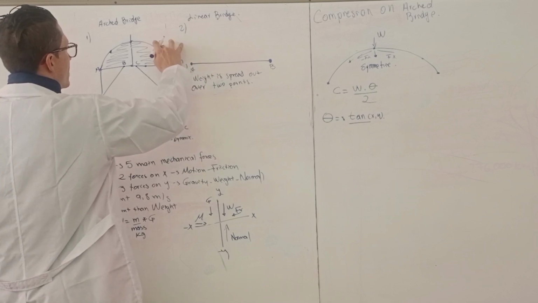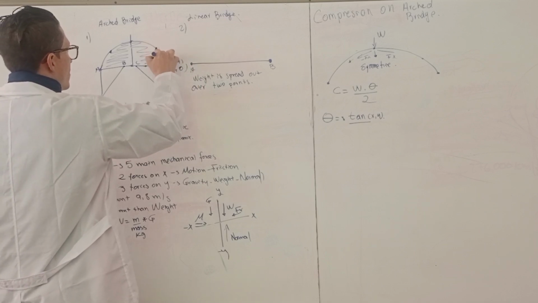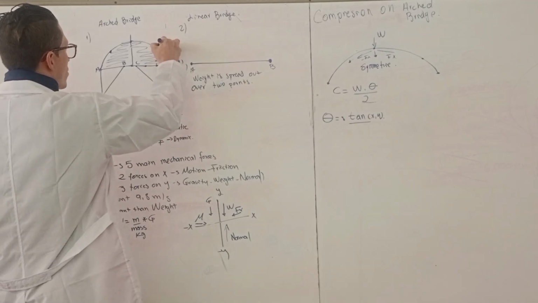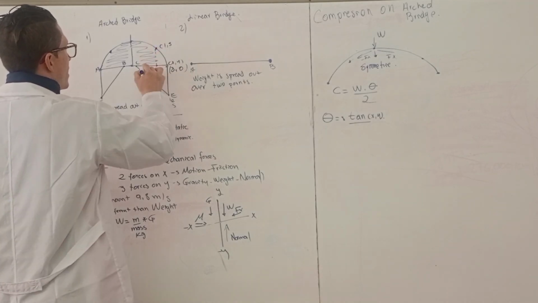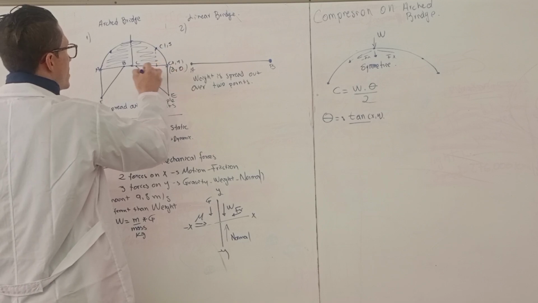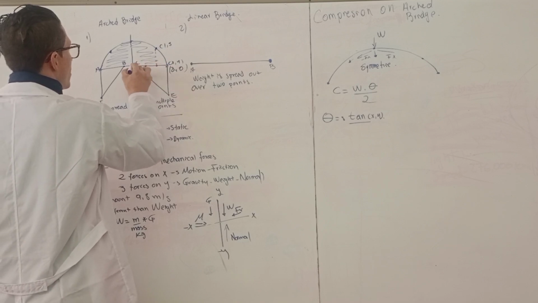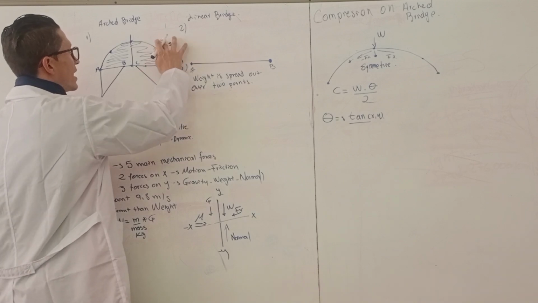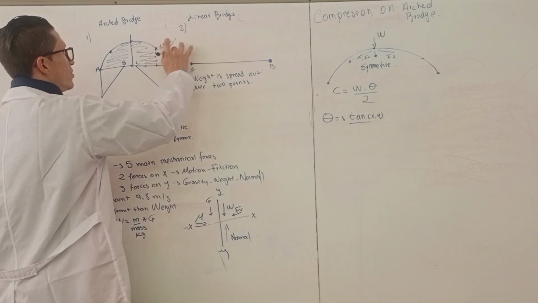Now, for instance, that's 1.5. This is 1, 2, that's like 2.